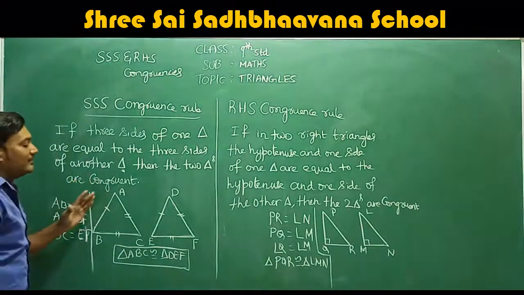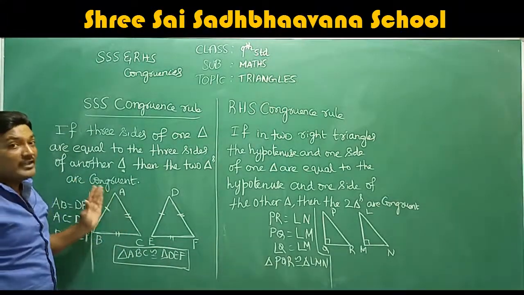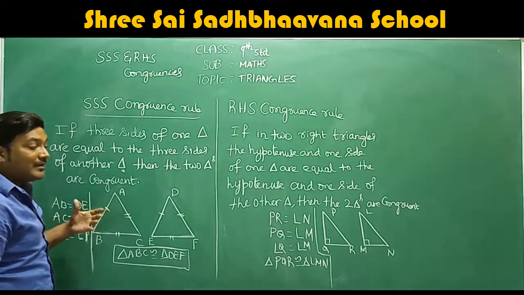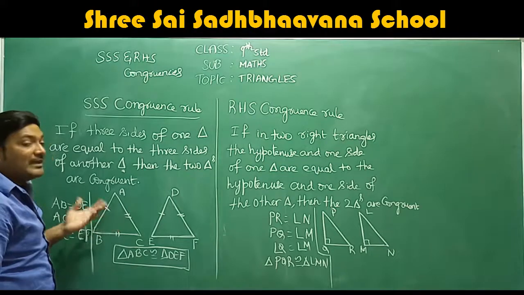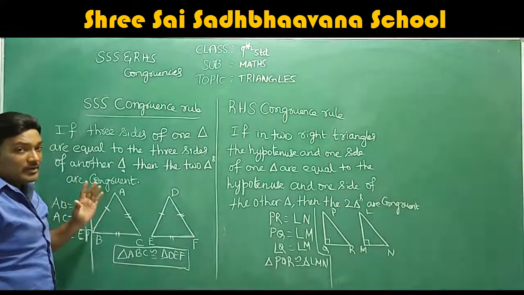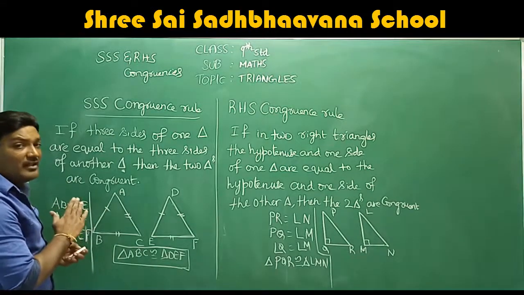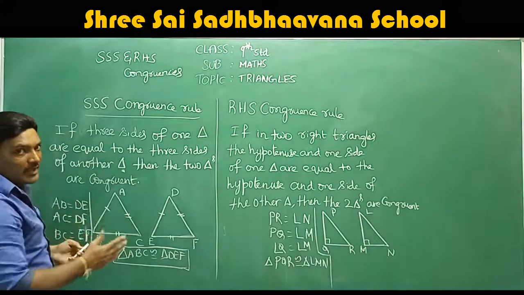In these two triangles, only the corresponding sides are equal. I am not even explaining the relation between the angles. The angles are not even considered here. I'm considering only the corresponding sides of these two triangles.